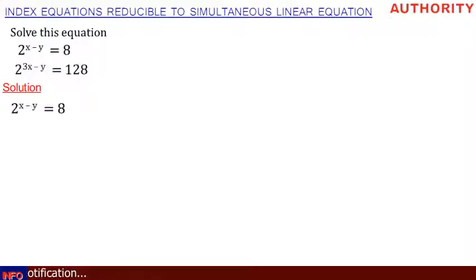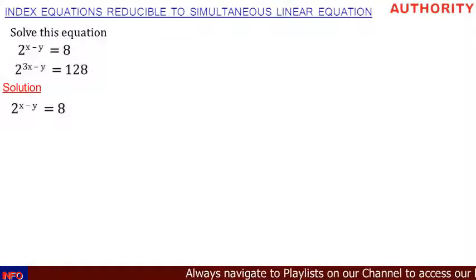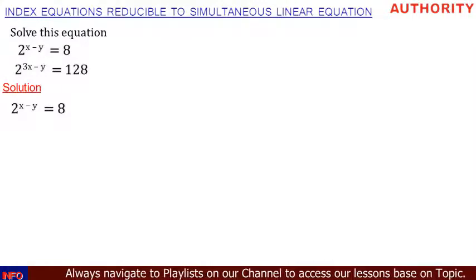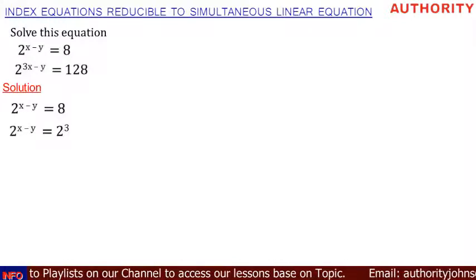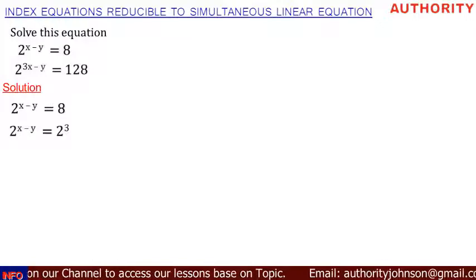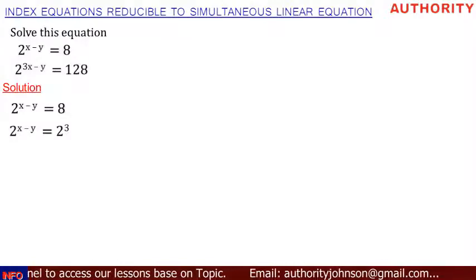Let's pick the first index equation, which is 2 raised to power x minus y is equal to 8. Let's reduce 8 to a number in base 2, that is, 2 raised to power a number. That means we have 2 raised to power 3, which is the same as 2 times 2 times 2, which is equal to 8.